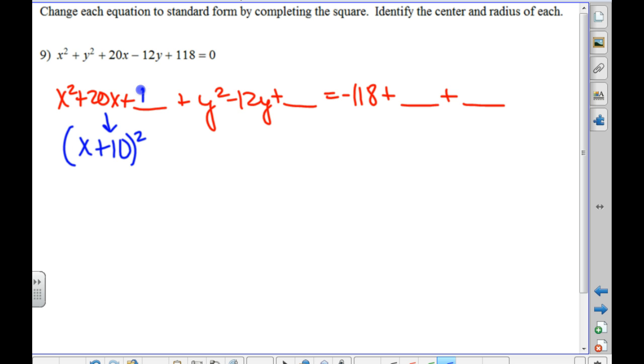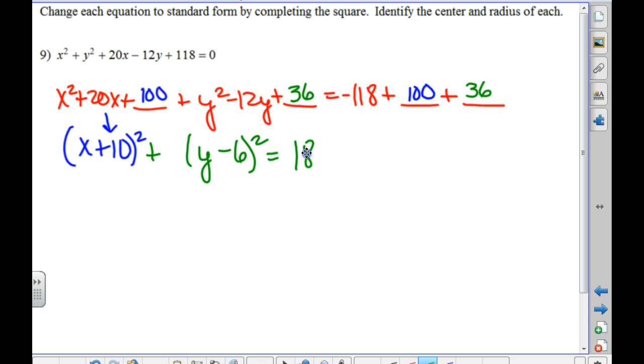It's just half, and then we square it. And then it's half of this one. So we end up with positive 18 on that side, right? Yeah. So the center is at negative 10, 6, and the radius is the square root of 18.